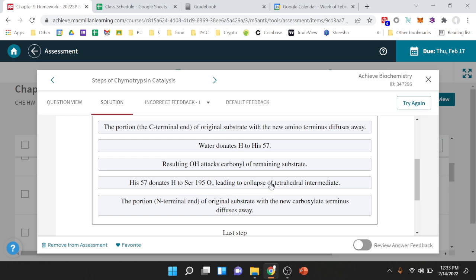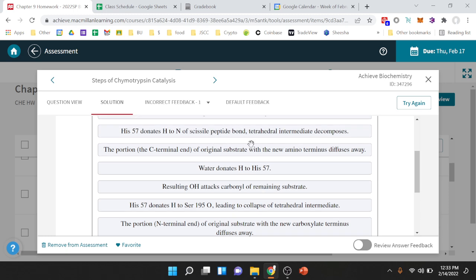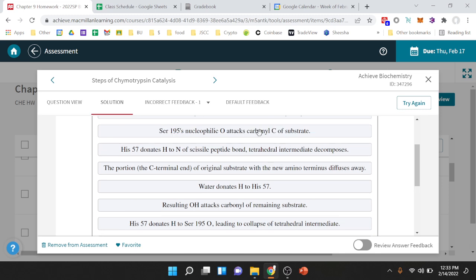It's only when you break the peptide linkage that you get the COOH, right? Okay. So once you figure out one of these, you figure out the other, right? Does that make sense? They have to be linked. And this one actually tells you this is going to happen right here, right? Okay.